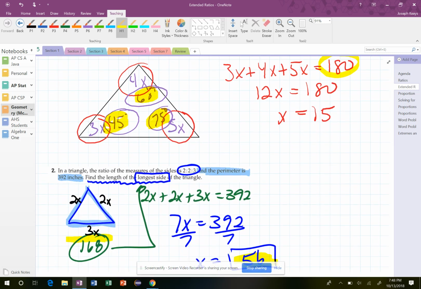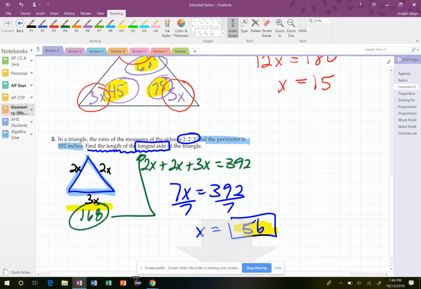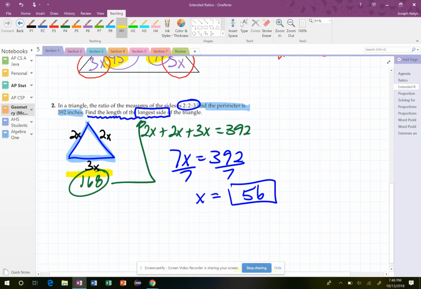Here's the third and final one in here, and just be on the lookout. Look, this one's already solved for us, but make sure that you are following along this logic. In this case, we are not finding the angles. They give us the ratio, the extended ratio of the sides.